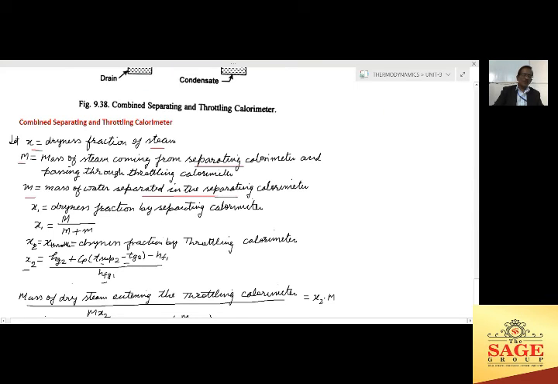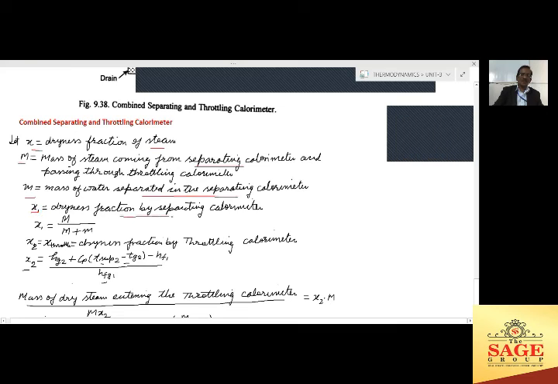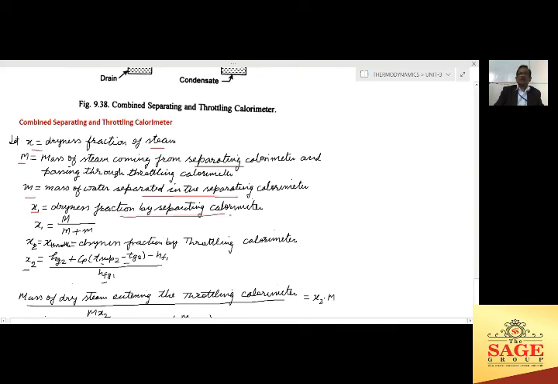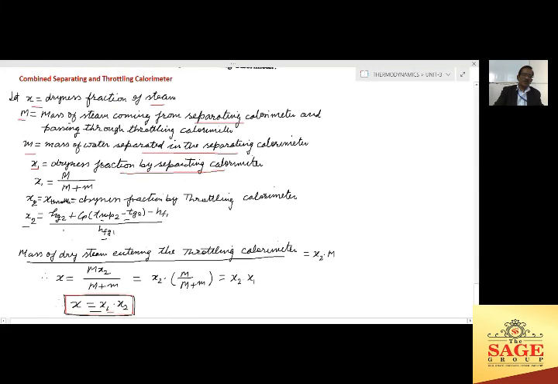We take two dryness fractions: x1 from the separating calorimeter and x2 from the throttling calorimeter. So x1 we can find from this formula: capital M upon (M plus m). This will give the dryness fraction from the separating calorimeter.